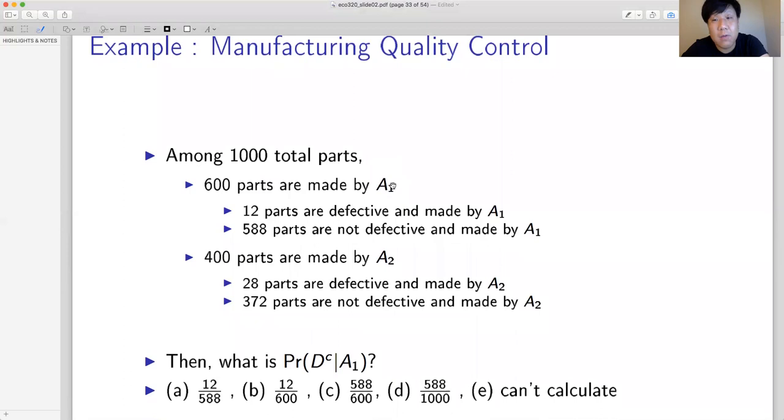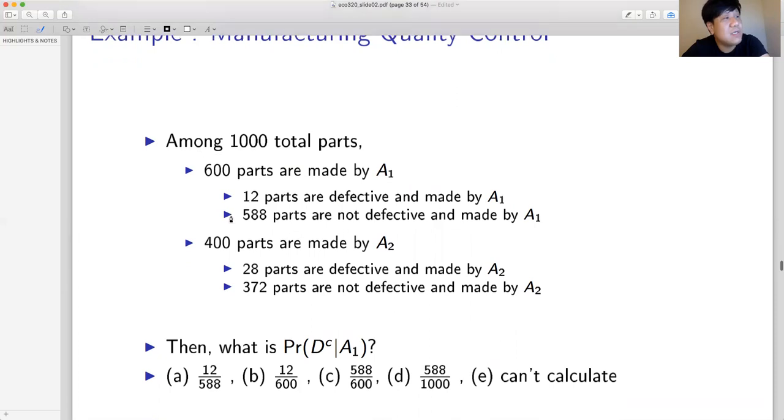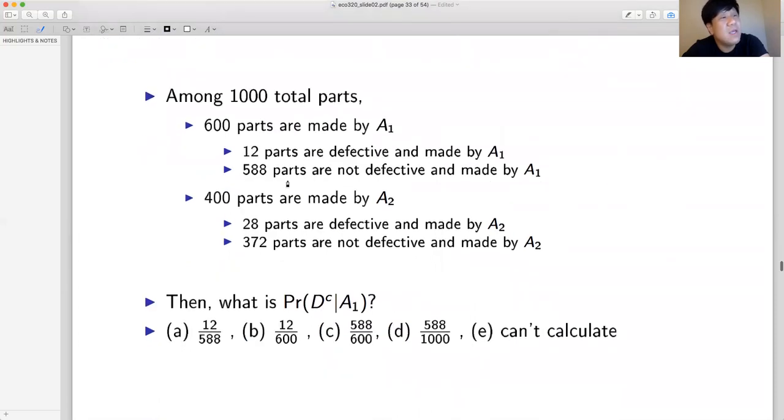So 0.6 times 1,000 is 600. Similarly, it's 400. The reason we do this is, if we use a frequency instead of probability, sometimes people think it's easier. So that's why we are covering this, but both methods are exactly fine.